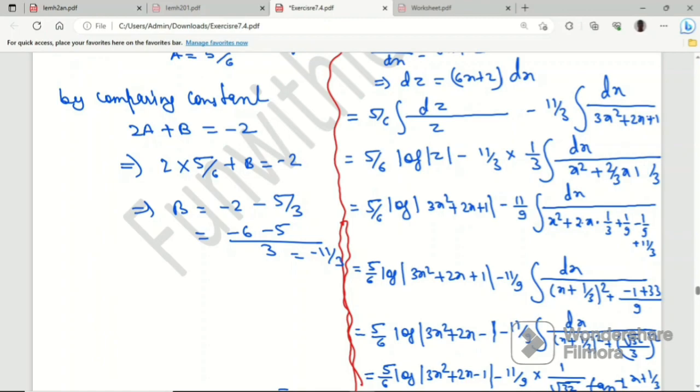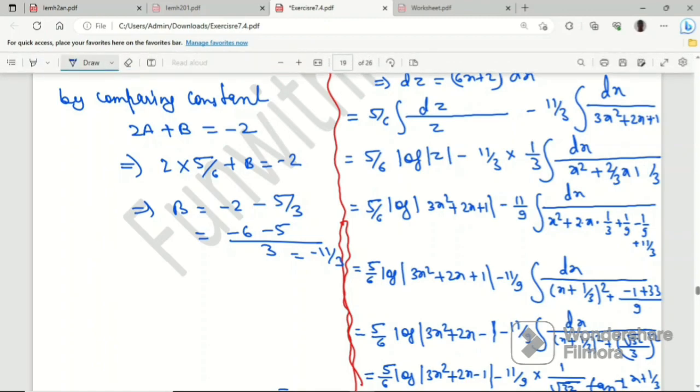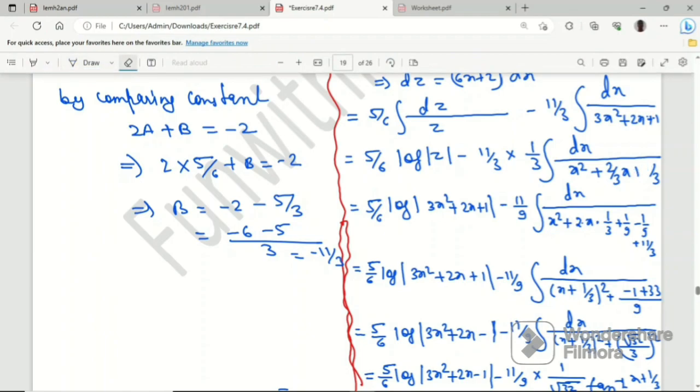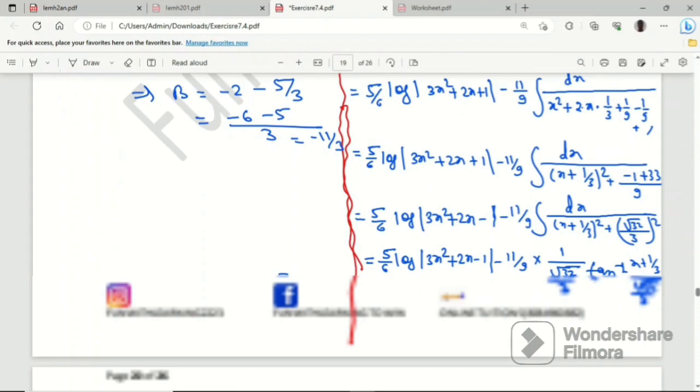So it will be just 1 plus 1 upon 3. One upon 3. So I will get 1 upon 3. So minus 1 into 3. Yes, I got root 2.